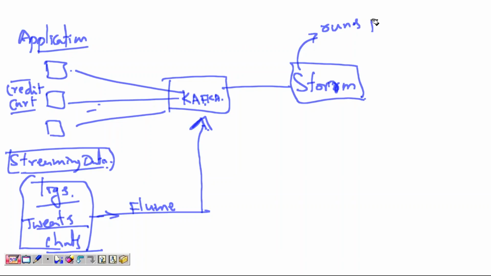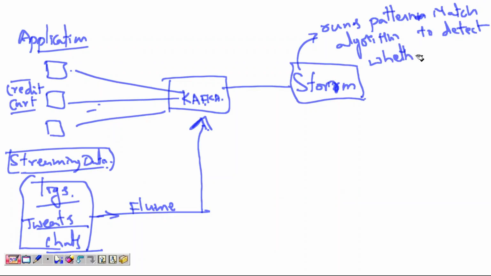It runs a pattern matching algorithm to detect whether a transaction is genuine or fraud.